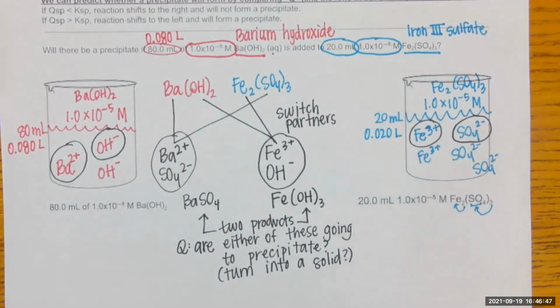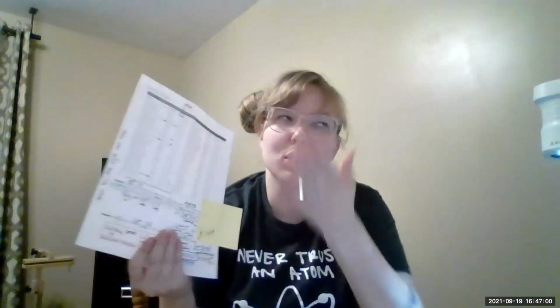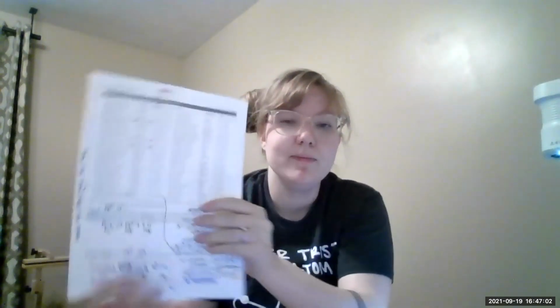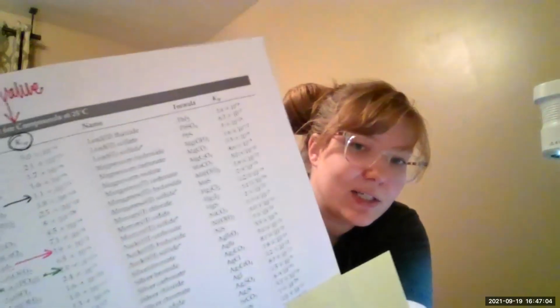And if we exceed it, then it precipitates, and if not, then it doesn't. That would be really convenient if there was some sort of a threshold value that we could look up and see, is there a potential value?